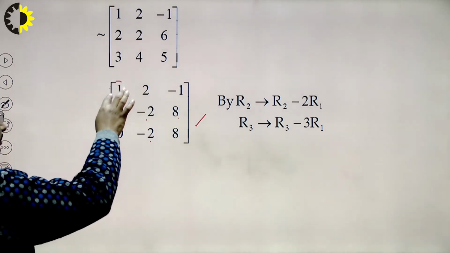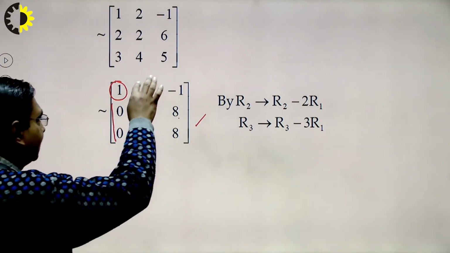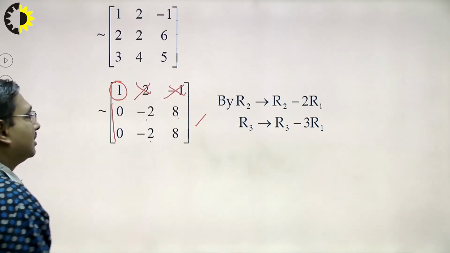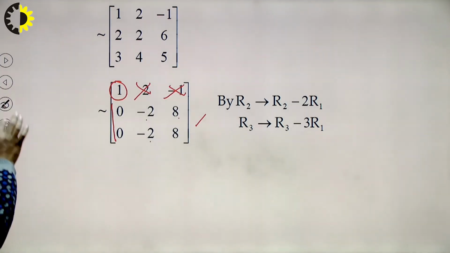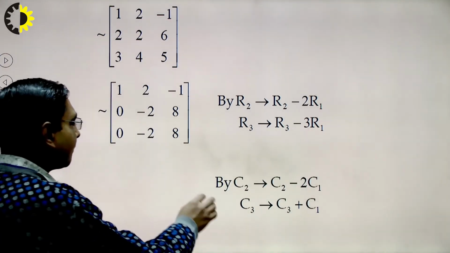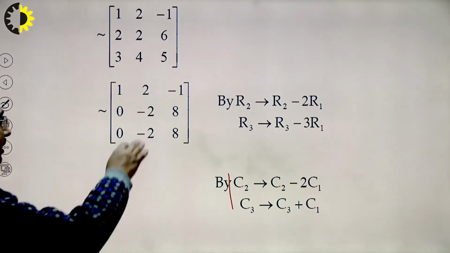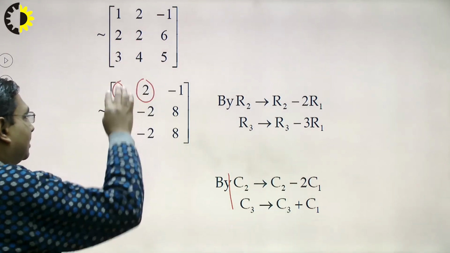Now this element is converted to 1, and with the help of that one, the remaining two elements of the row are converted to 0. Now I will transform these two elements to 0 by using suitable transformations. For this I will use these transformations. Here we see that this is 2, this is 1.